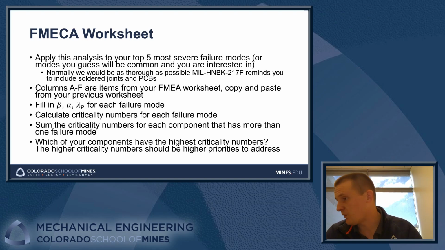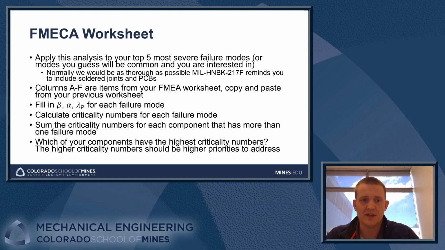If you have a well-engineered system that's pretty reliable, sometimes those are significant failures that you need to account for, right? And then you can go through and fill out this worksheet. So again, for this class, we're just doing the top 5 failures. For a real thing, you would be doing every single possible failure mode that you can come up with for your system.